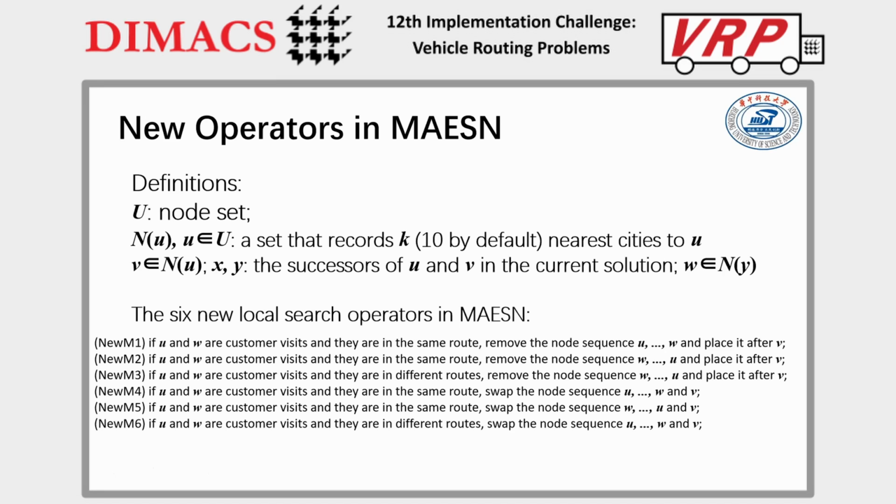We believe that the new operators are complementary with the existing operators and can help the algorithm find better solutions. Moreover, the time complexity of the new operators is order square of k times the size of U, which is not very much larger than the time complexity of the existing operators.